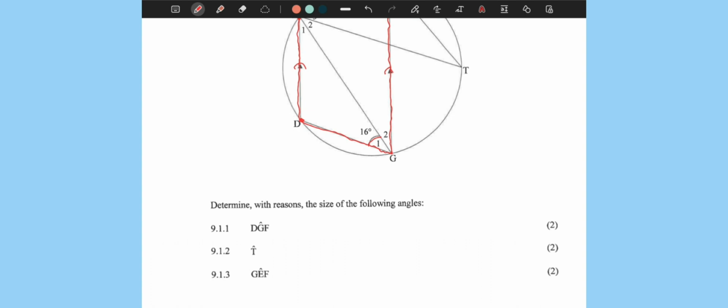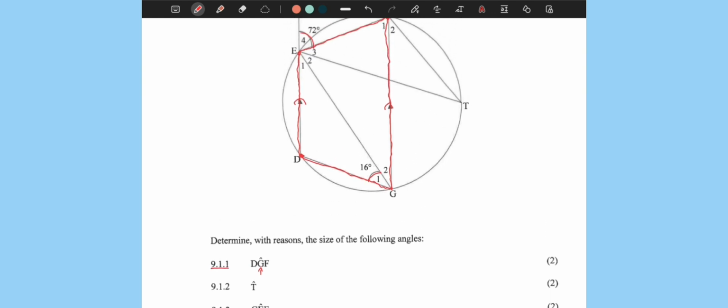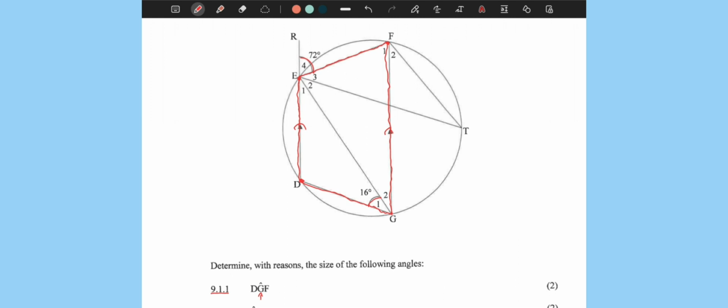Determine with reasons the size of the following angles. 9.1.1: they want us to determine with reasons the size of DGF. They're saying go and find the actual size of this angle at G, but the G that we're talking about is between D and F. So let's identify the angle that they're looking for.